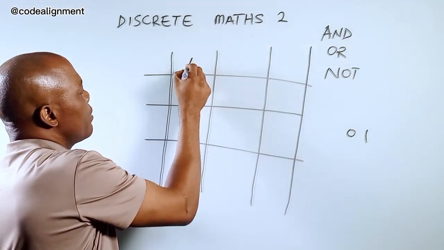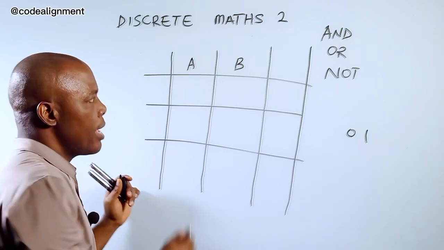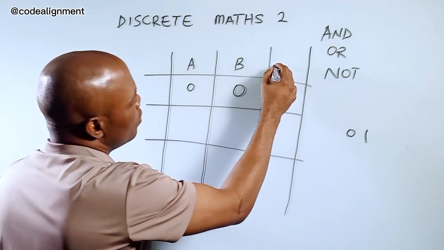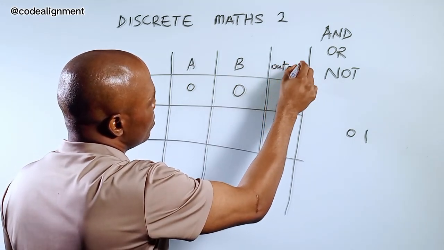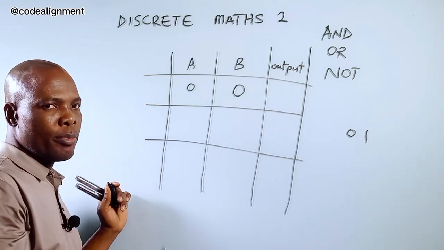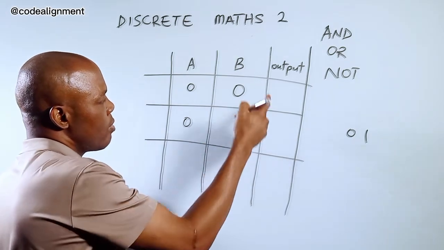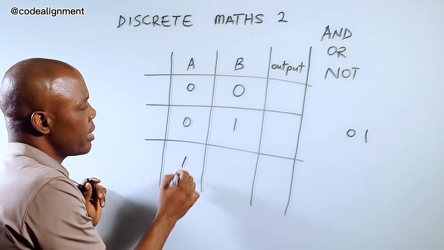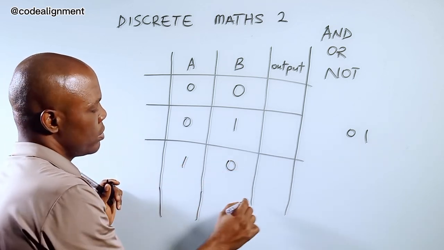So if I have A and I have B here, and then A is 0, B is 0, what will the output be? If I have 0 and I have 1, what will the output be? If I have 1 and I have 0, what will be the output?